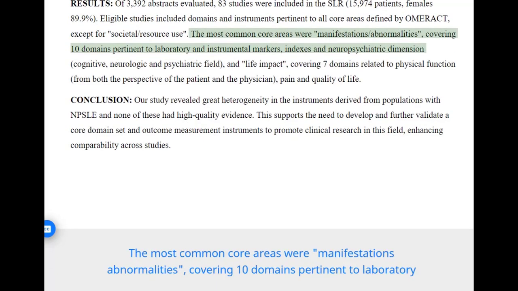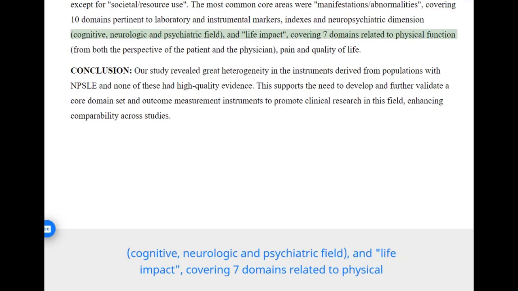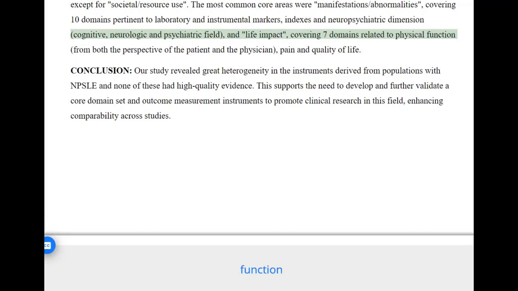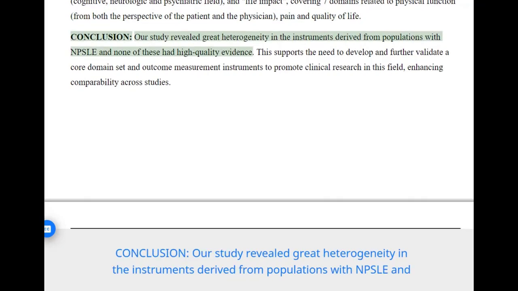The most common core areas were manifestations, abnormalities, covering 10 domains pertinent to laboratory and instrumental markers, indexes, and neuropsychiatric dimension: cognitive, neurologic, and psychiatric field, and life impact, covering 7 domains related to physical function, from both the perspective of the patient and the physician, pain, and quality of life.